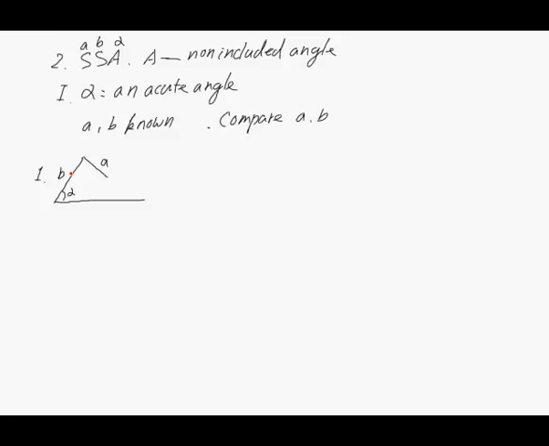So in this case, let me use the A for the vertex of the angle alpha. Let me use a C for the vertex of this angle, and then we can draw an altitude from the C to this bottom line, and we use H for the length of this altitude.